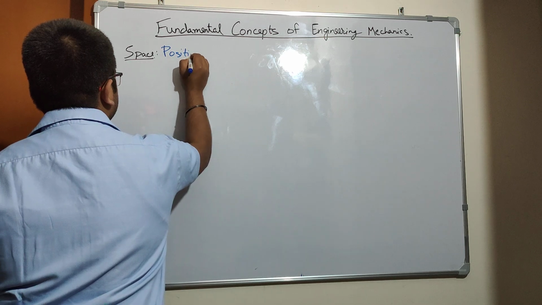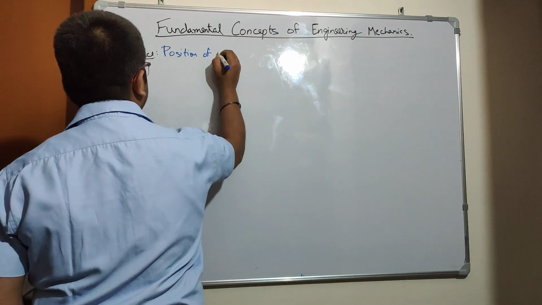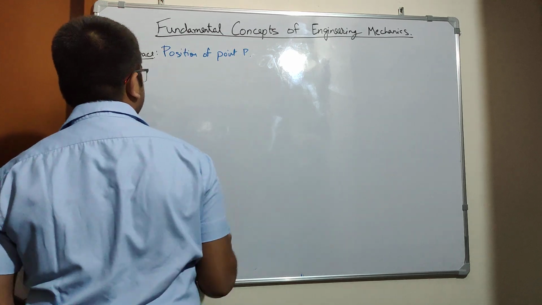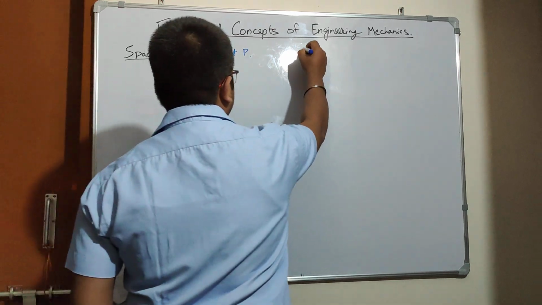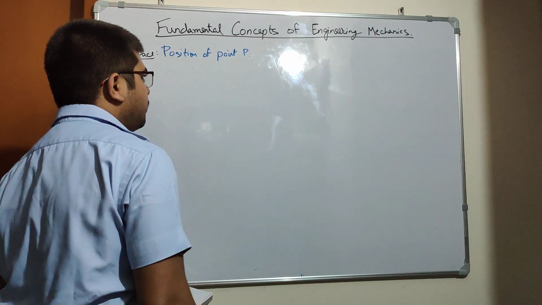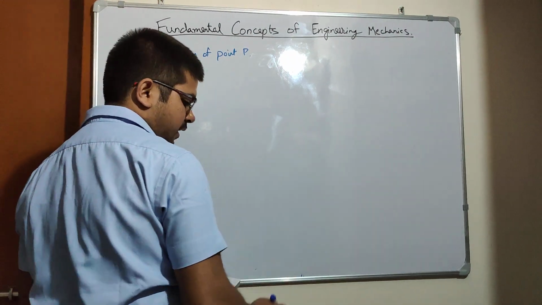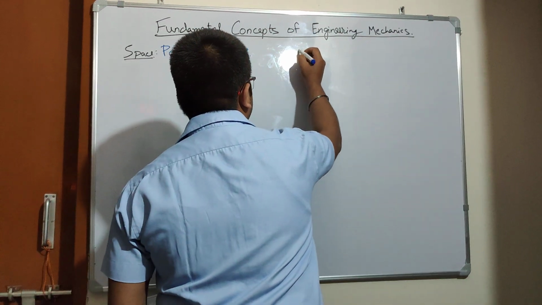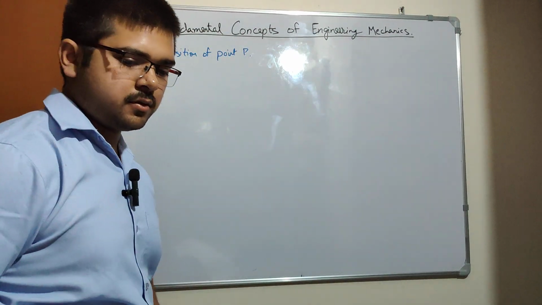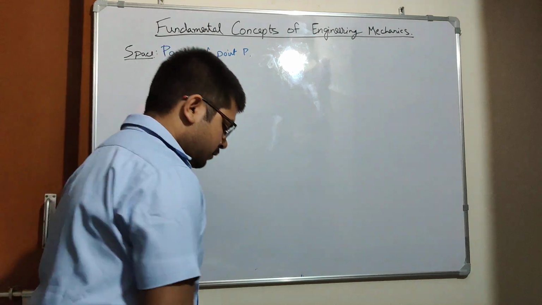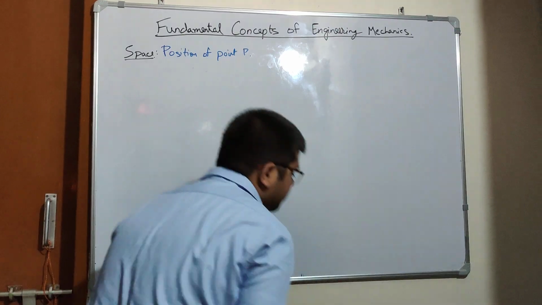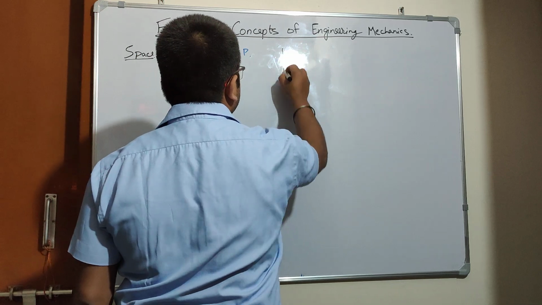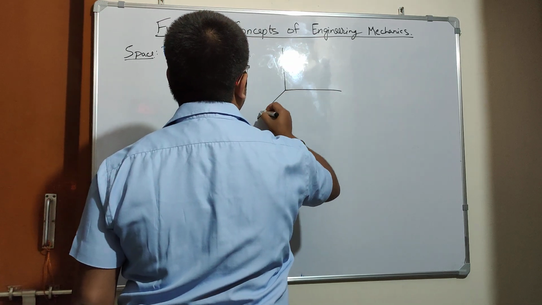Position of point P. So we all know the coordinate system has three axes in it, and that is x, y, and z.